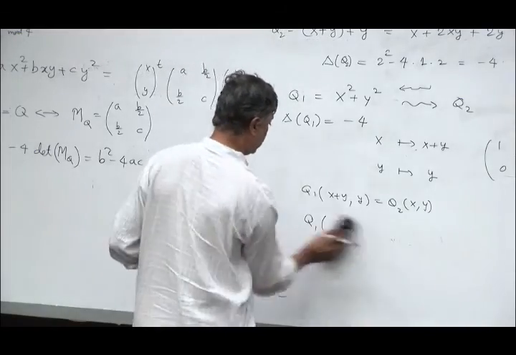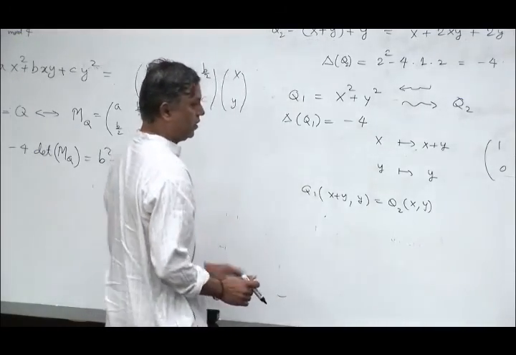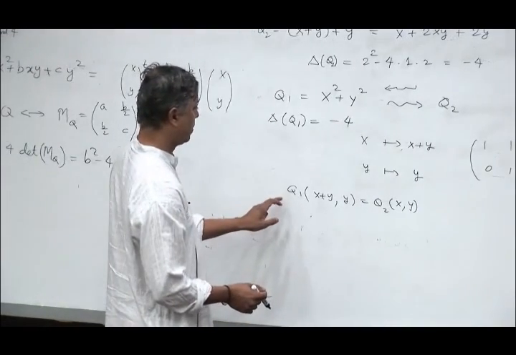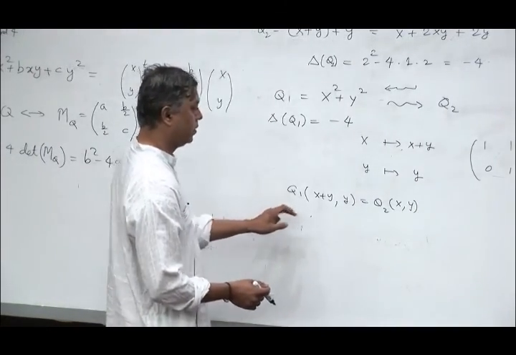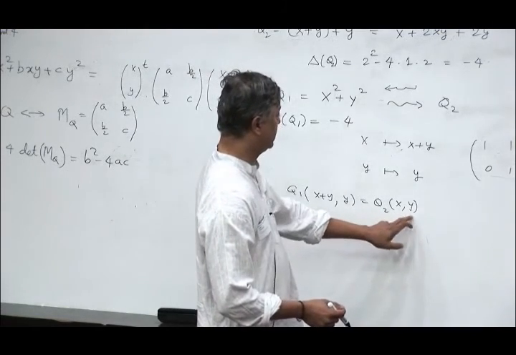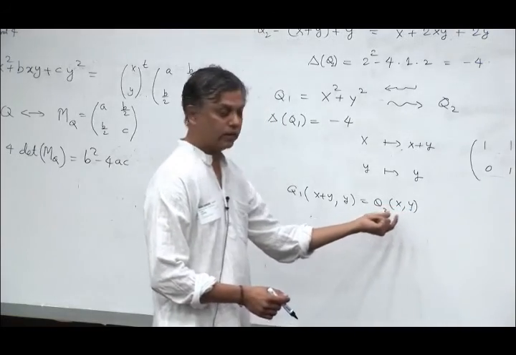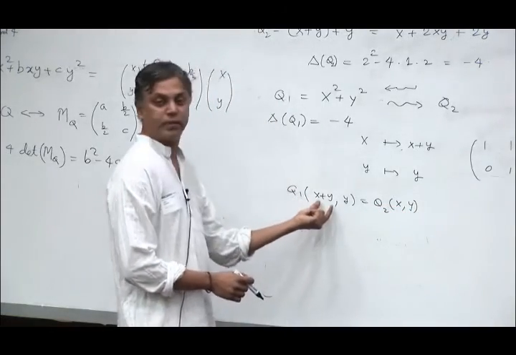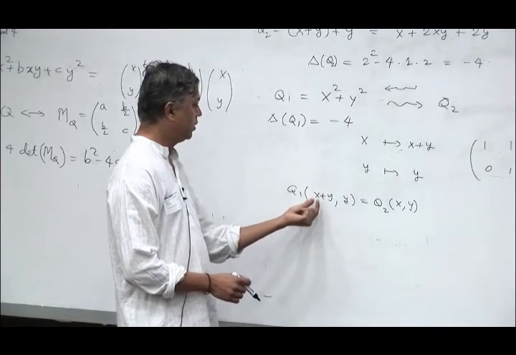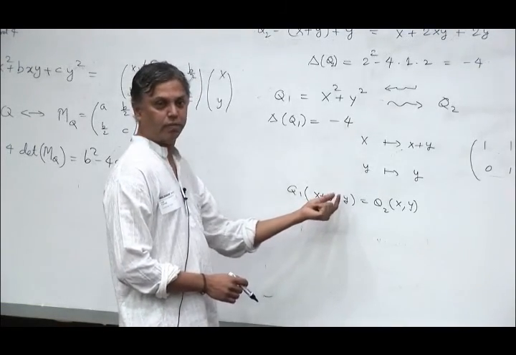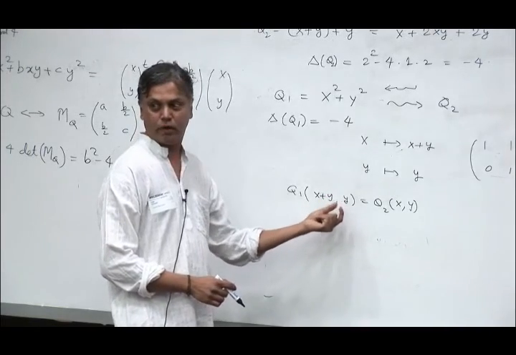So if there is an integer that can be represented by q2, then I can take those x0, y0, and then q1 also represents that, because my new x1 will be x0 plus y0, and my new y1 will be y0.